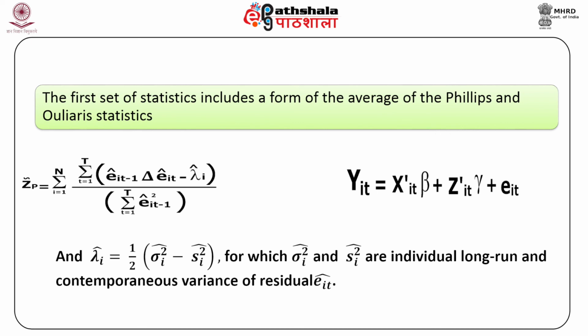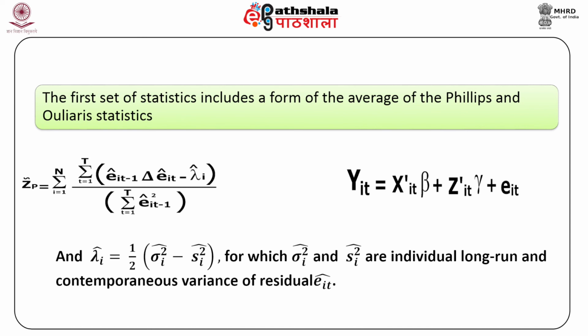Zp tilde is equal to summation I from 1 to capital N into summation t is equal to 1 to capital T brackets EIT minus 1 hat, change in EIT hat minus lambda I hat brackets close, divided by summation t from 1 to capital T EIT minus 1 hat square, where EIT hat is estimated from YIT is equal to x dash IT beta plus z dash IT gamma plus EIT, and lambda I hat is equal to half into sigma I square hat minus SI square hat, for which sigma I square and SI square are individual long run and contemporaneous variances of residual EIT.